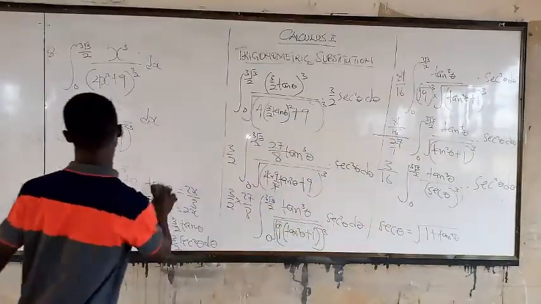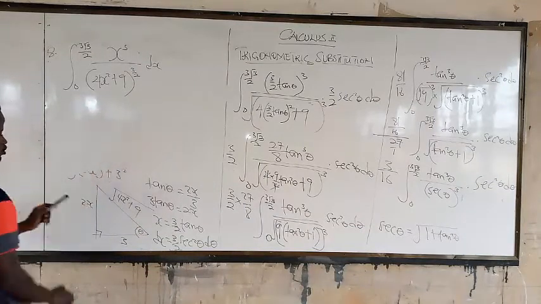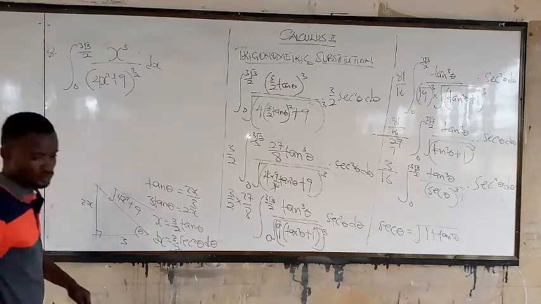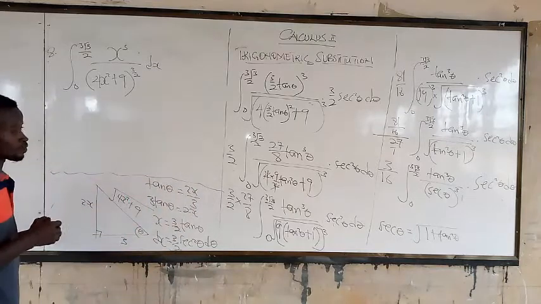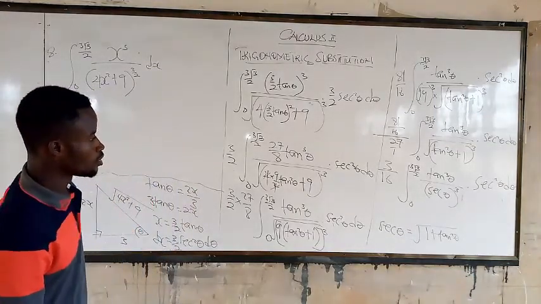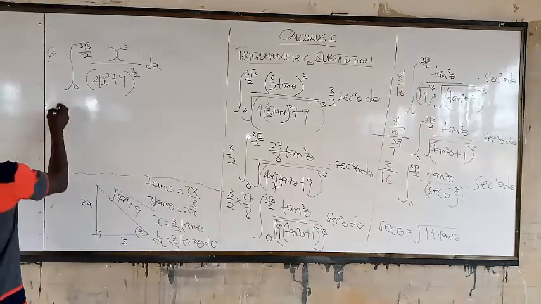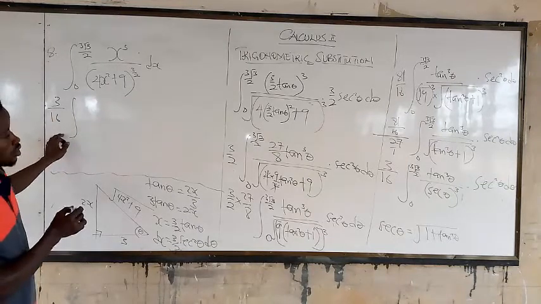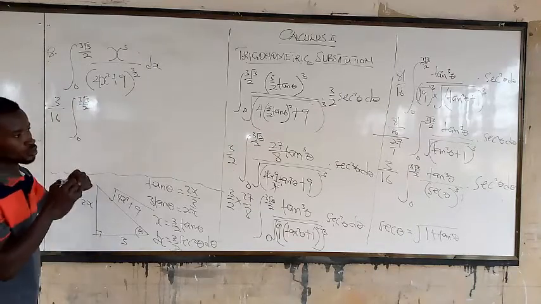And let's move to this place. Okay. So now 3 over 16 integral of 0 to 3 square root of 3 over 2.